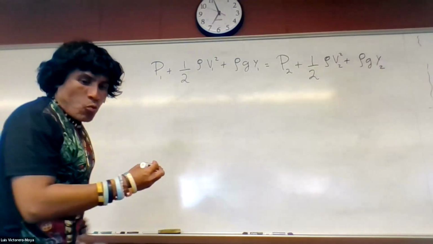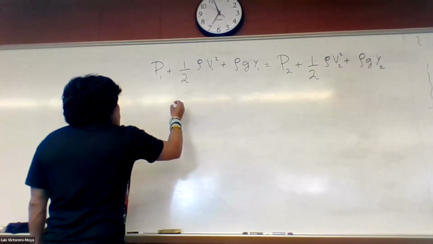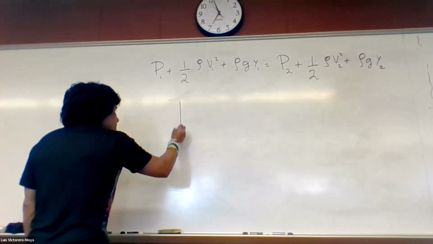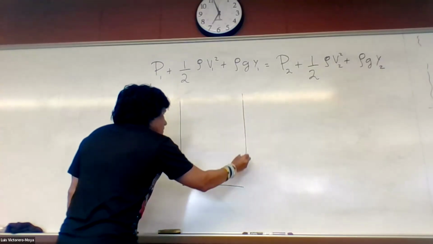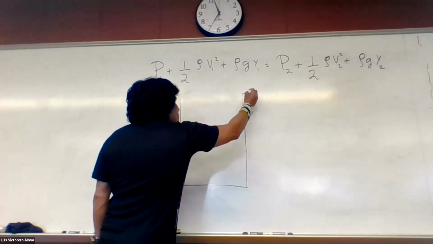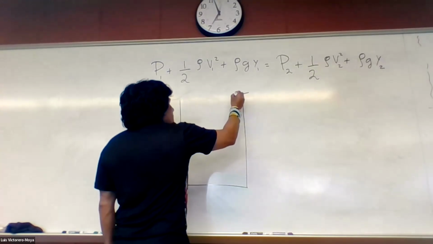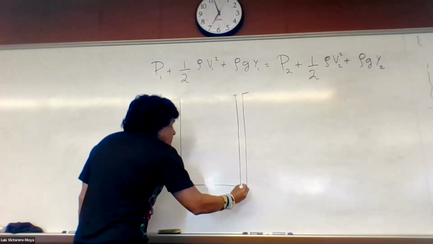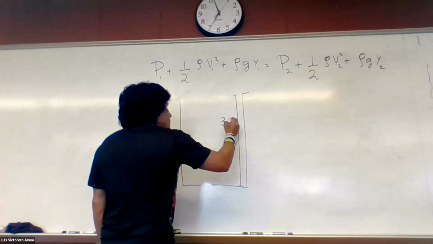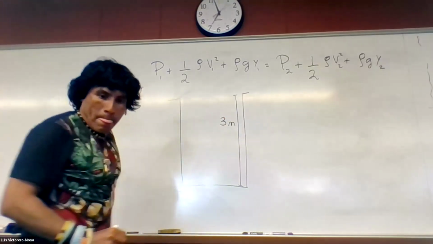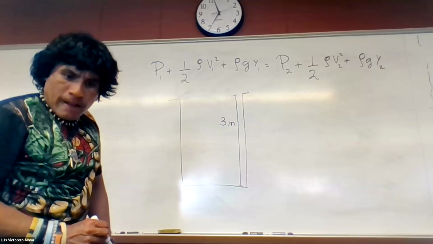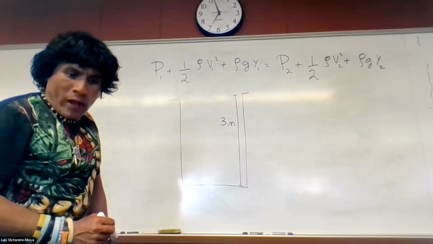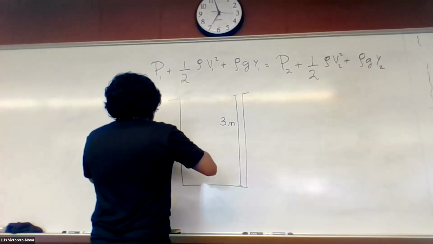So you have a large water tank, which is 3 meters high, and is filled with water to the top.